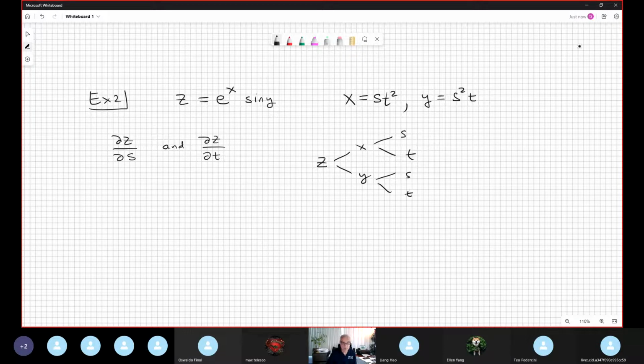The formulas, look in the diagram: to compute, for example, partial z with respect to s, it is partial z with respect to x times partial x with respect to s, plus partial z with respect to y times partial y with respect to s.